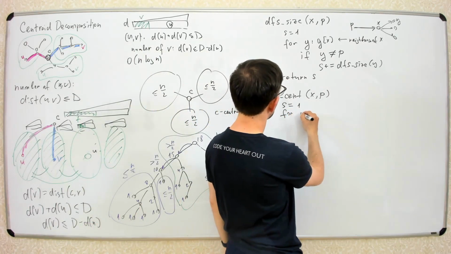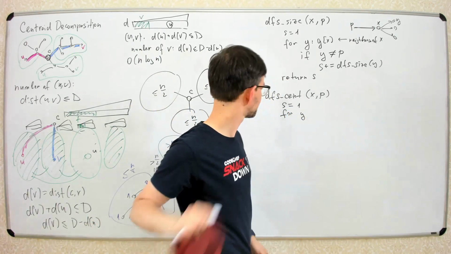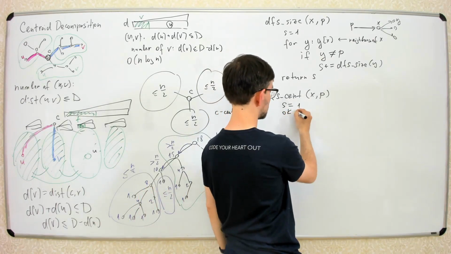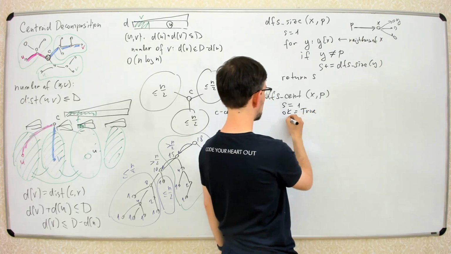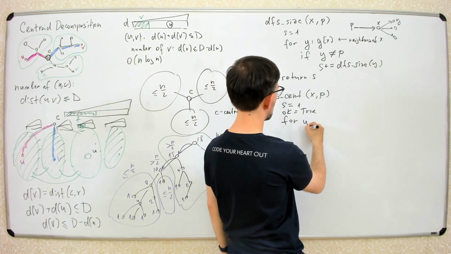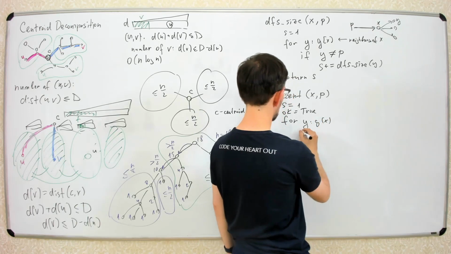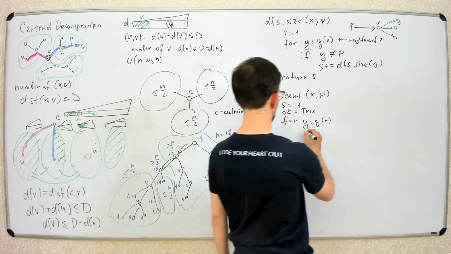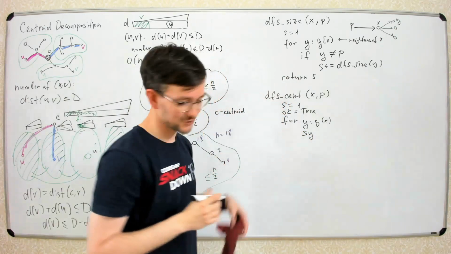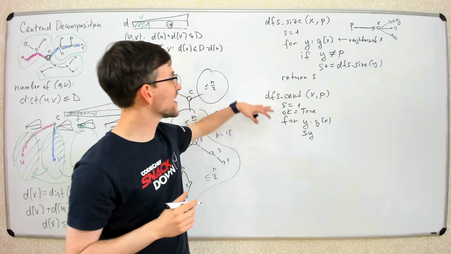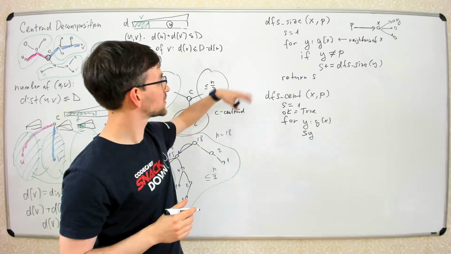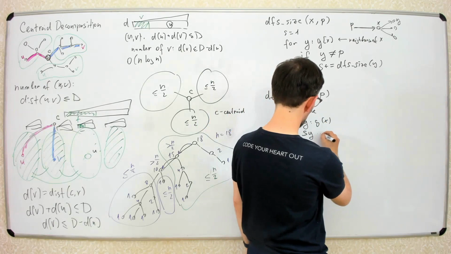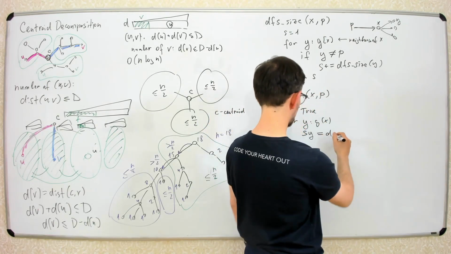Again for X, let's say OK equals true. Then I'll iterate over all Y's from neighbors of X. I was trying to fit it in 20 lines as I promised, but I will not.